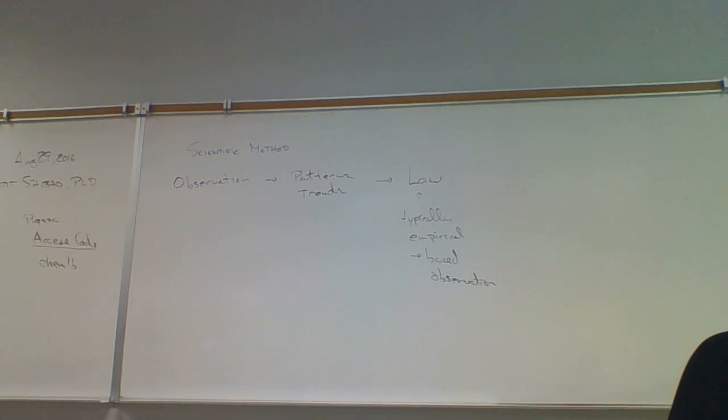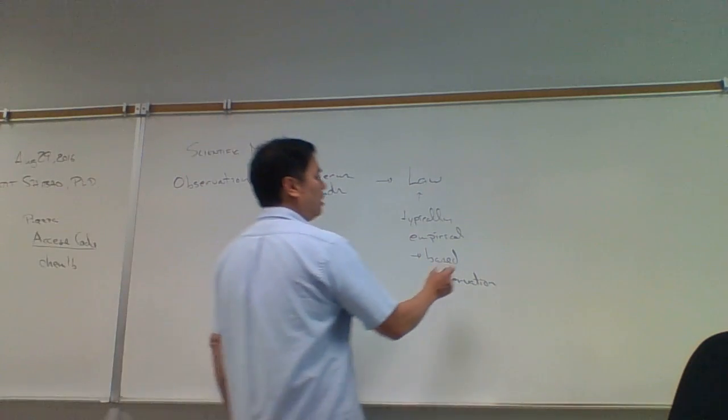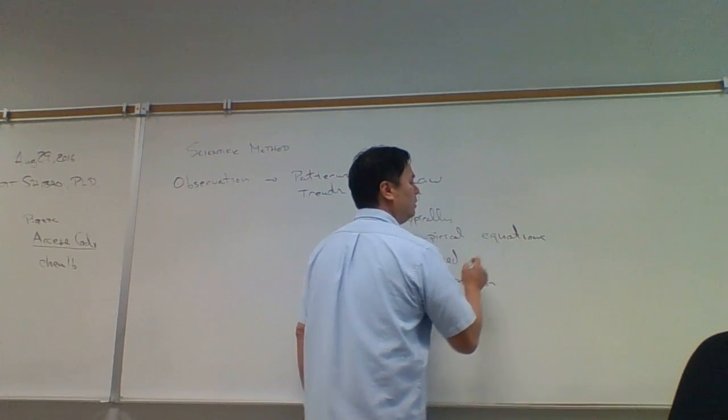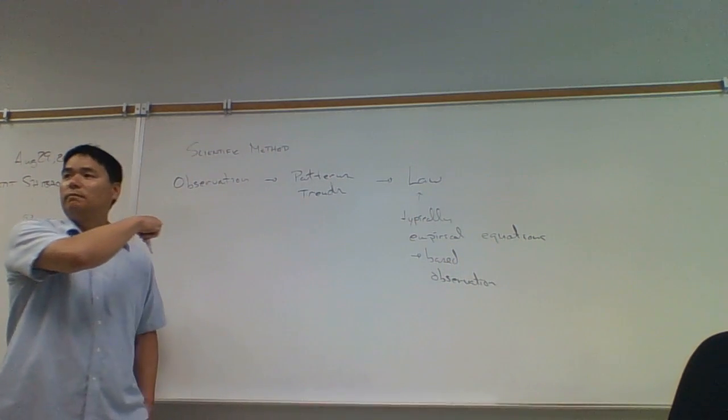That's observation, right? And so Newton would look at what's the velocity when it hits and how long did it take, and then he came up with Newton's laws of motion, right? Newton's laws of motion, those physics laws, are empirical equations. Empirical equations are mathematical equations that are based on observation.